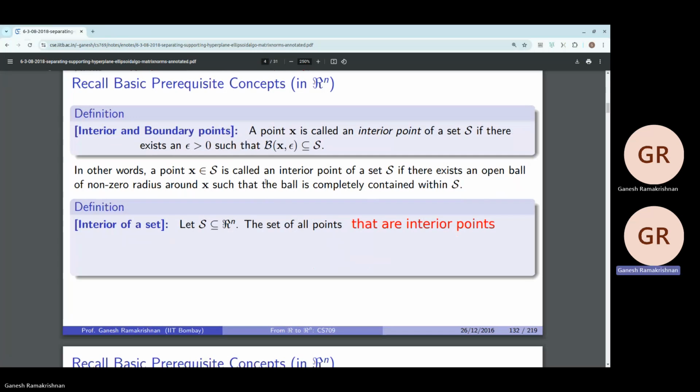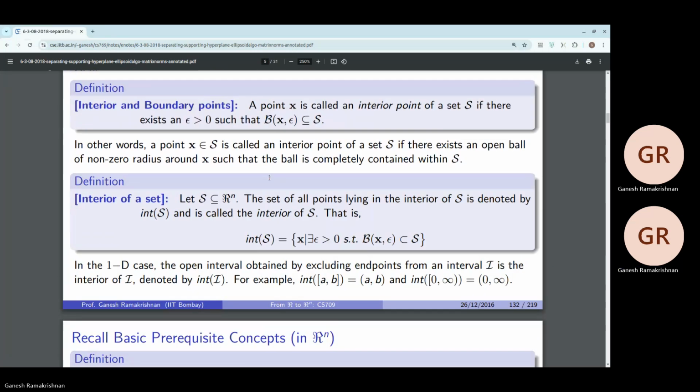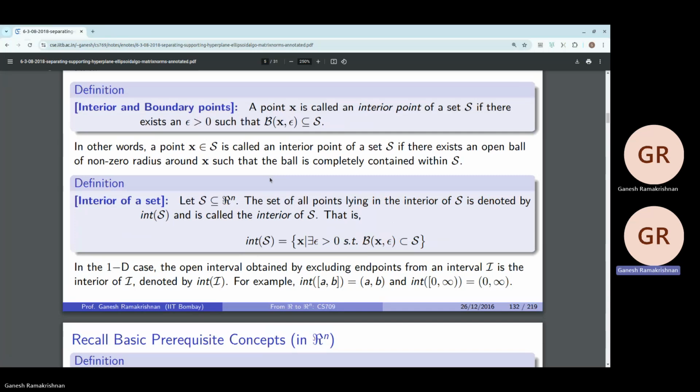The interior of a set, on the other hand, is basically the points lying in the interior. A point x is an interior point if there exists an epsilon, and the interior is the set of all those points. And what is the boundary of the set?